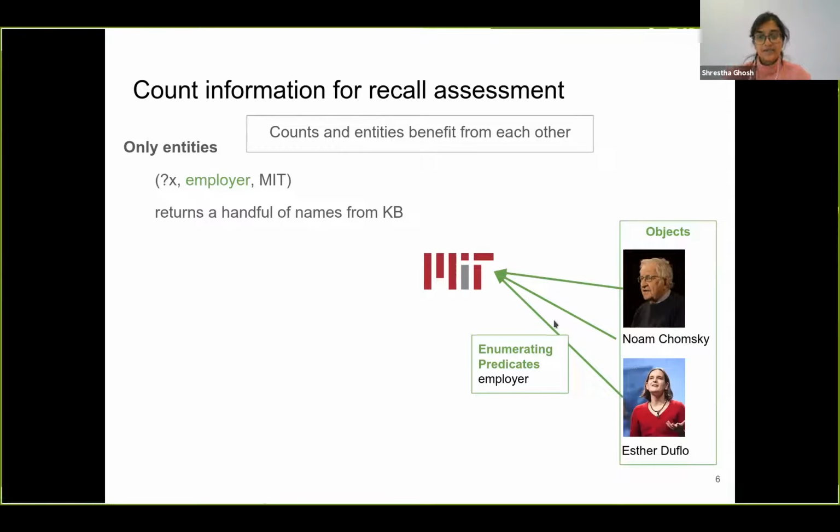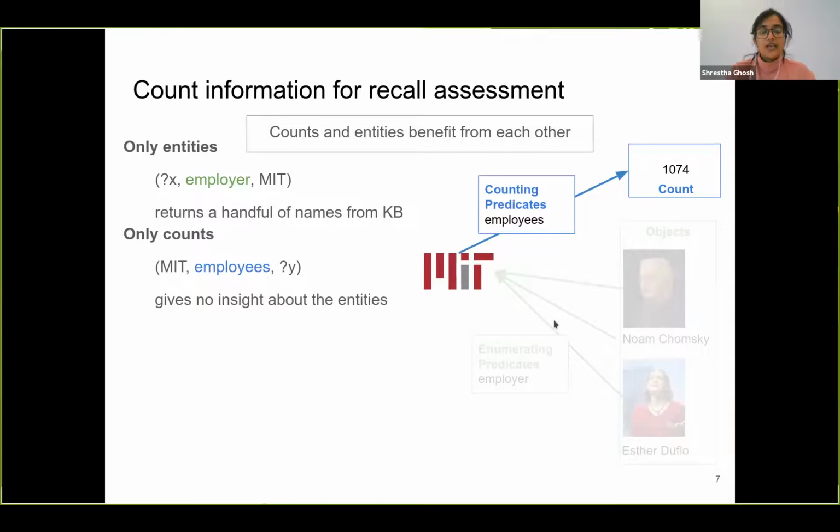Does that mean that MIT has only 2 employees? Now, if we ask specifically for counts, how many employees does MIT have, then it gives us a number, but we have no insight about the entities.